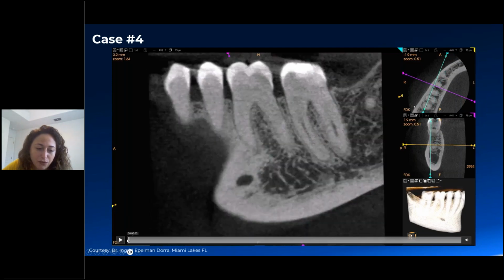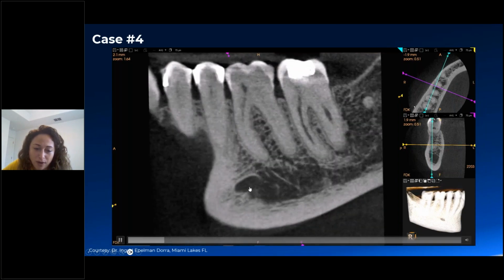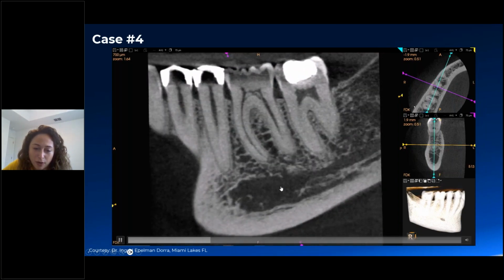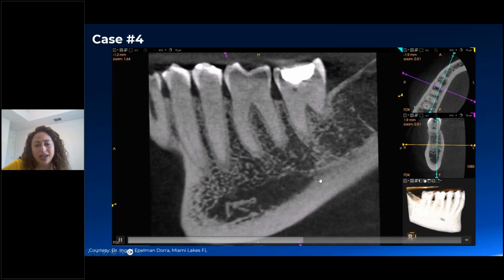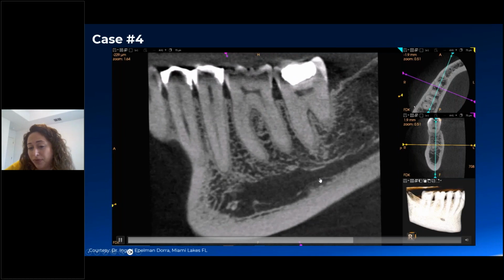If you wanted to trace the mandibular canal, here's the mental foramen, and try to follow from that mental foramen all the way towards the distal. You can see how the canal has a slender shape and intact cortices on the distal aspect, but apical to 30, there's a localized widening.